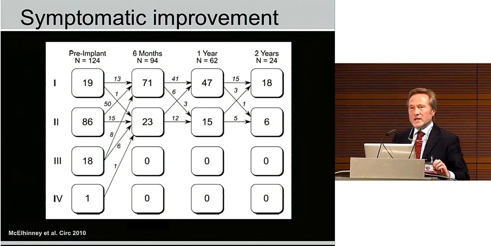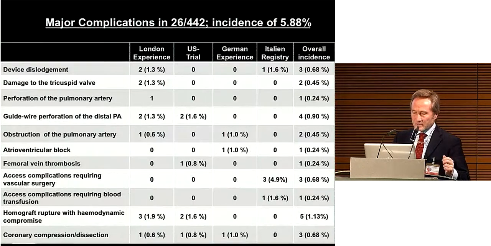But we will see that the remodeling or improvement of the right ventricular volume and function is more pronounced in patients with stenotic lesions as opposed to regurgitant lesions. And this is an important point to be taken into account for managing the large amount of patients with pure pulmonary regurgitation, and we'll see in a second.